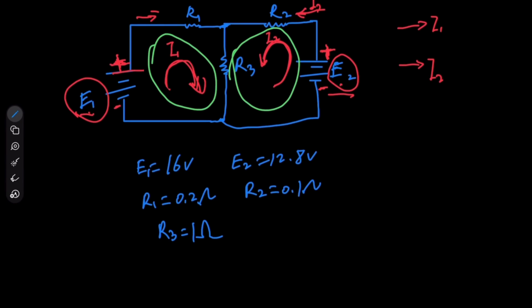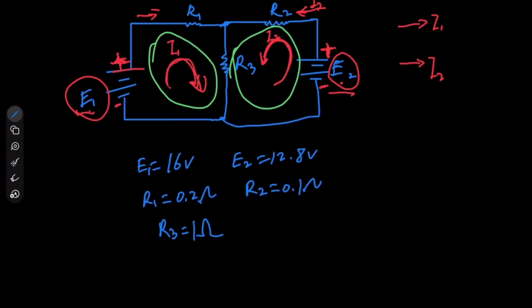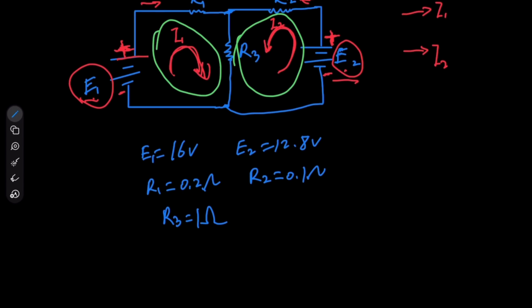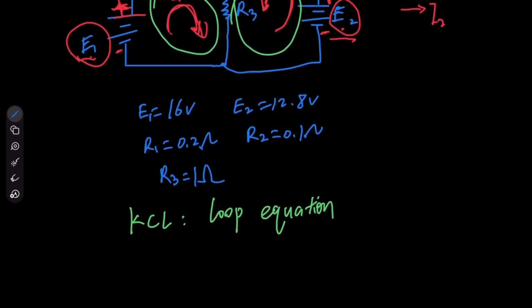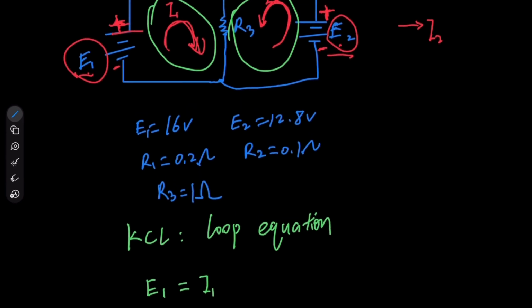So let's look at the first loop. The idea is we use KCL to help us build the loop equation. When we define the direction of the current, we usually follow the positive side of the power source.